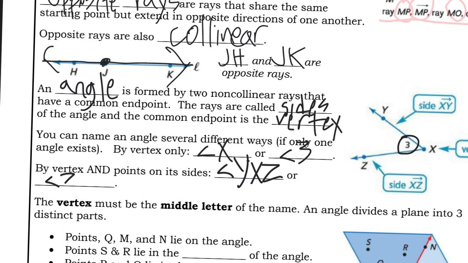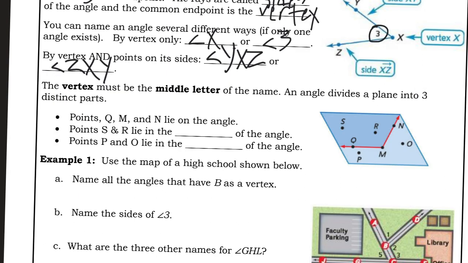Like I said, just make sure you have that vertex point in it. And I couldn't say Z3Y, that doesn't really make sense. If I'm naming it using the points, then I have to use all the points, not a couple of the points and then that number that's typed inside. I hope that makes sense. So this sentence here just reiterates what I just said. The vertex must be the middle letter of the name.